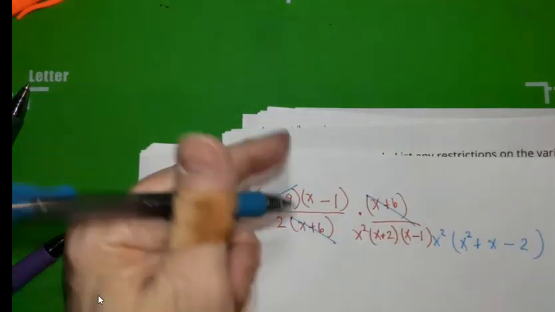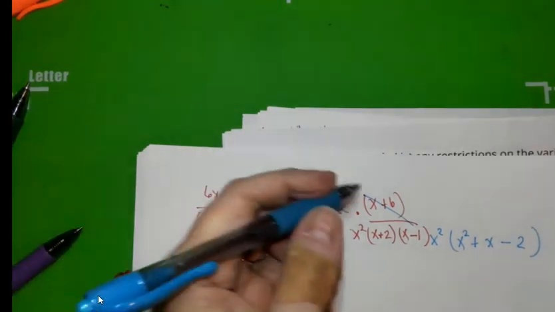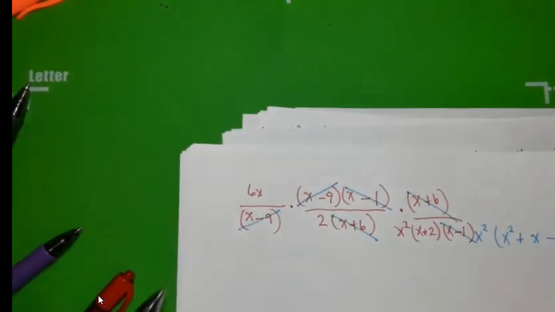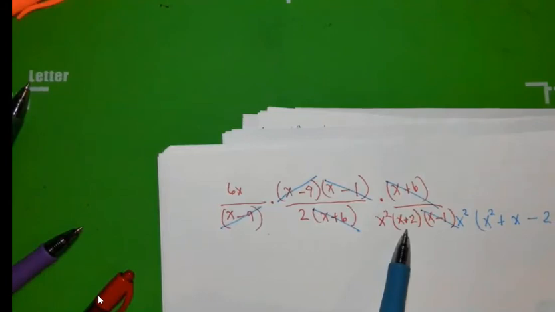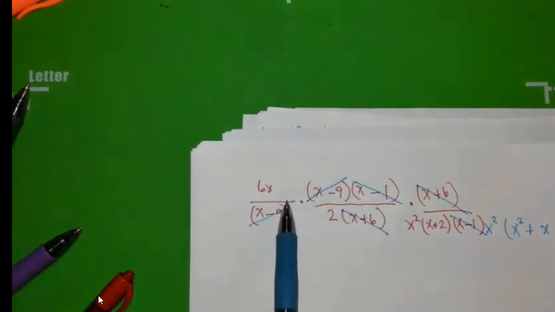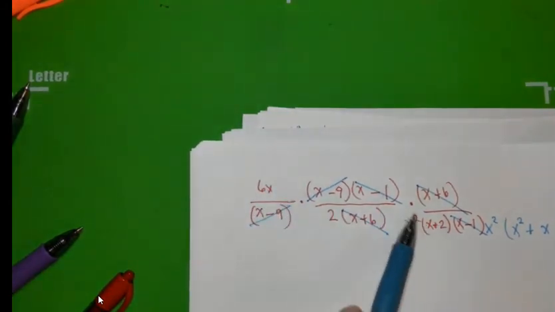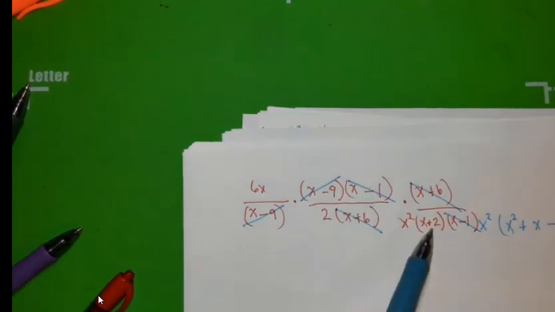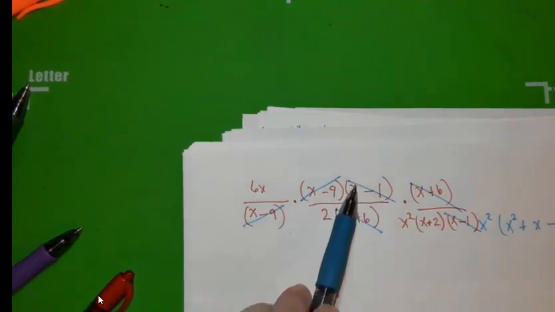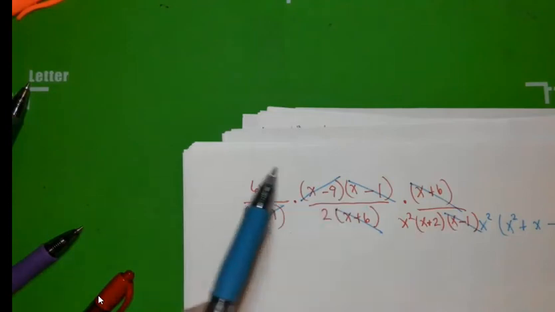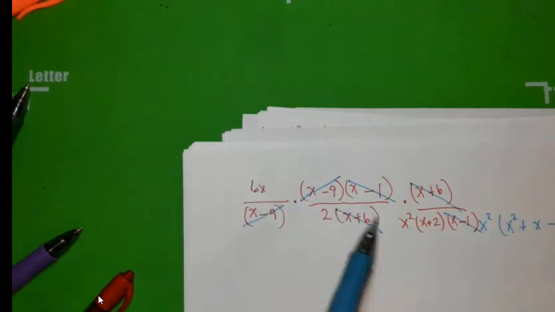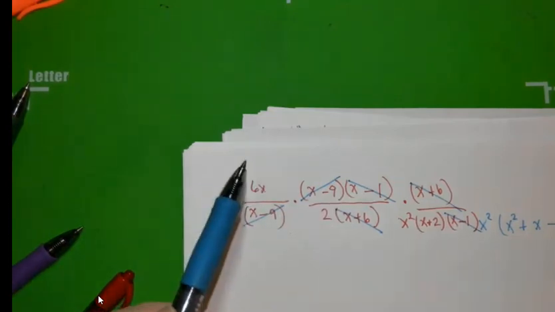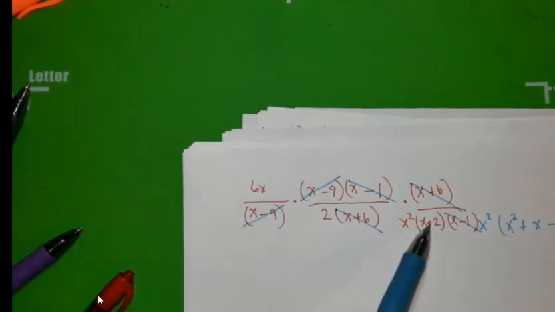I see an x minus 1 here, and an x minus 1 there. Now, I do see an x plus 2 here, but I don't see any other x plus 2's in the numerator. And something I didn't point out earlier is you only divide out if a factor is in both the numerator and the denominator. Don't start dividing out factors that are both in the numerator, because that's not a 1. That's something else. So we're factoring out 1's is what we're doing.